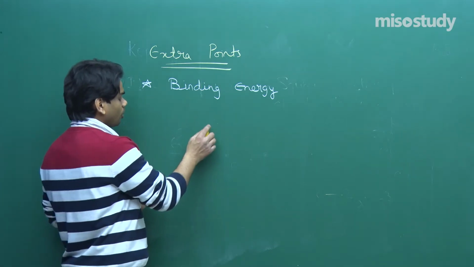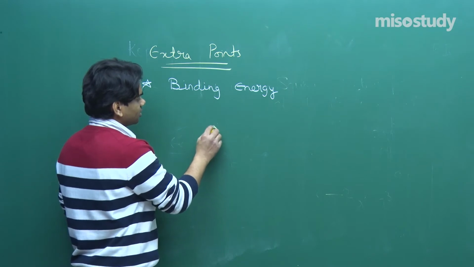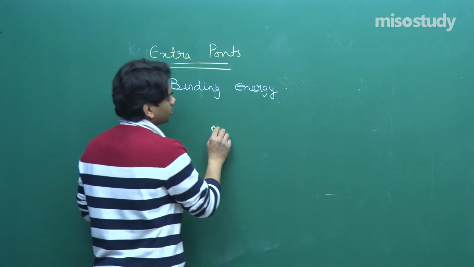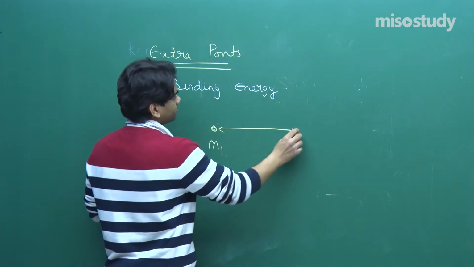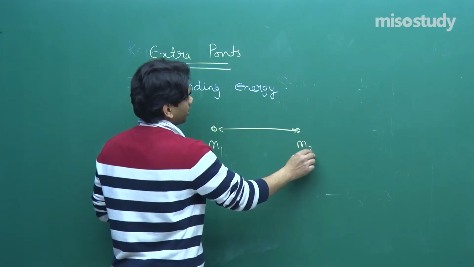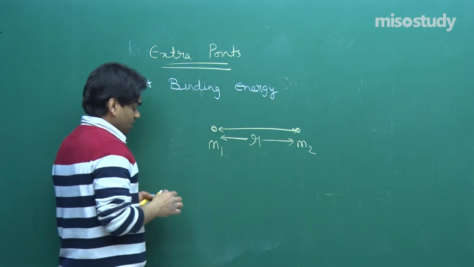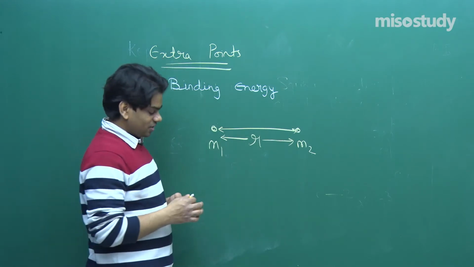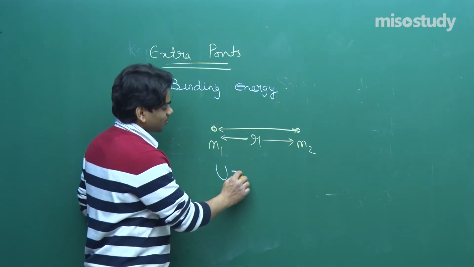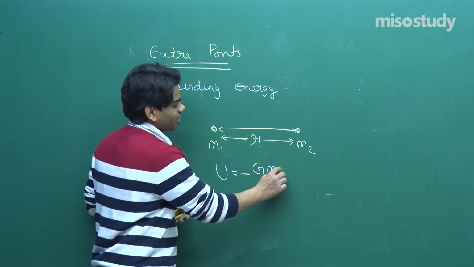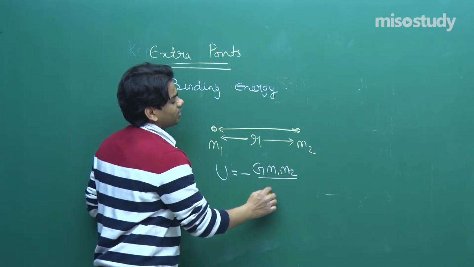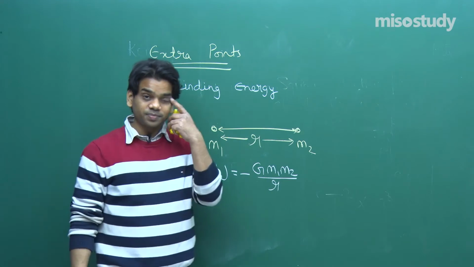So if I take two objects, let's say an object of mass m1 and a second object of mass m2, both having separation r between them, the potential energy of the system is given as minus G m1 m2 by r. This is what we know, the potential energy of the system.